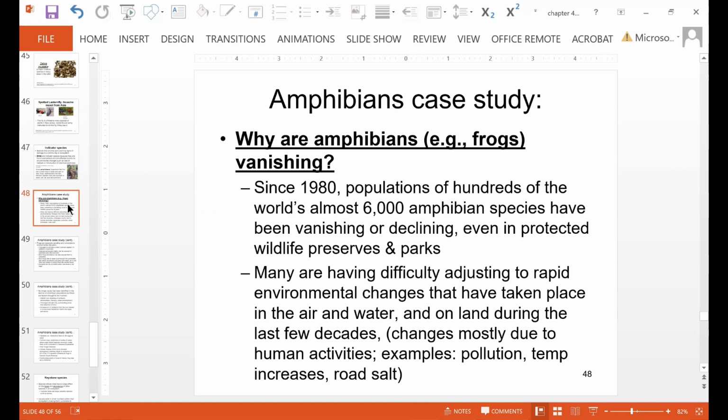Many are having difficulty adjusting to rapid environmental changes that have taken place in the air and water and on land during the last few decades. Changes are mostly due to human activities such as pollution, temperature increase, and road salt. The salt that's put on the roads in the winter to help melt the ice.